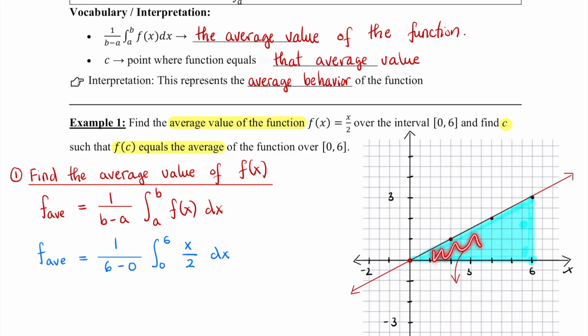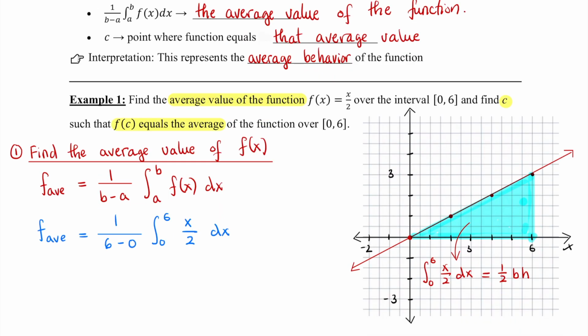The area of this shaded region is the definite integral from 0 to 6 of x over 2 dx. And this is a triangle. To find the area of a triangle, I use 1/2 times base times height. My base is 6 and my height is 3. So I have 1/2 times 6 times 3, which is 9.